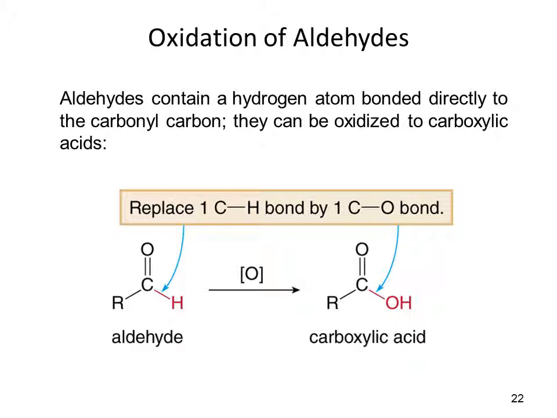When we take an aldehyde and make it a carboxylic acid, we're instead inserting an oxygen between the carbon and the hydrogen. Notice that is what's shown here. So this is the second step in the oxidation of an aldehyde. There is an oxygen added into the molecule.